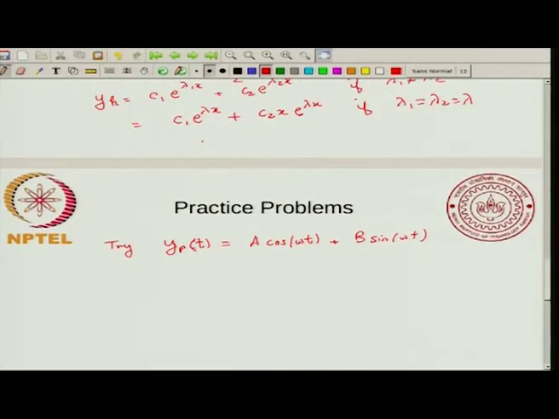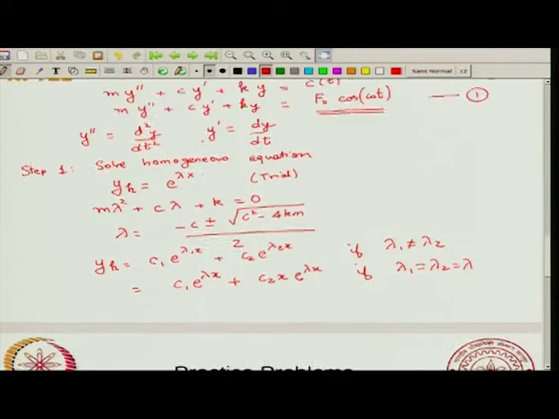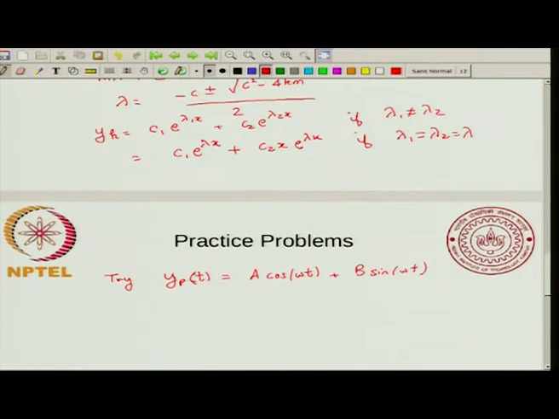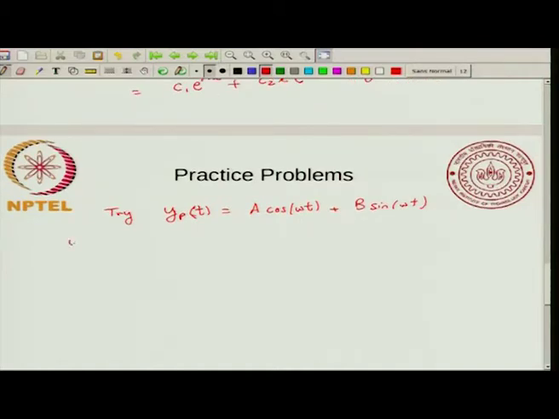Now if you try this as yp, a particular solution of the same inhomogeneous equation, and substitute, what will you get? The first thing you will see is that yp prime is equal to minus a omega sin omega t plus b omega cosine omega t. yp double prime is equal to minus a omega square cos omega t minus b omega square sin omega t.